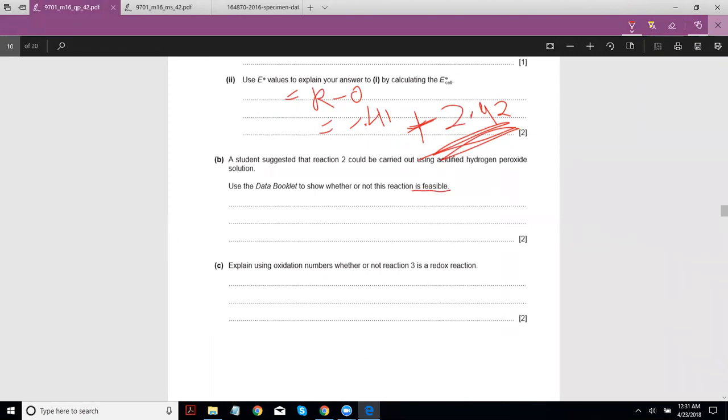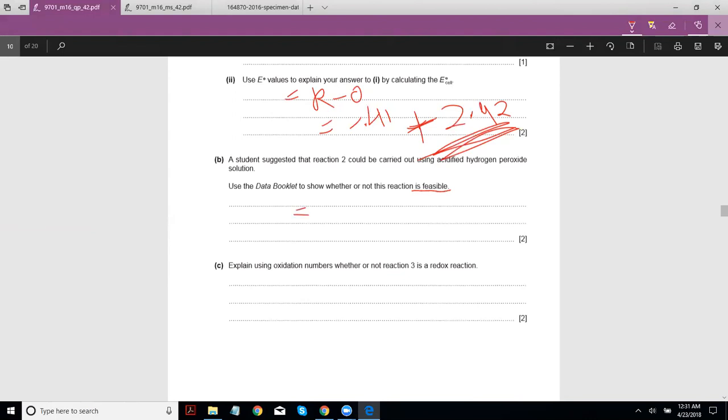If E naught is negative, then feasibility is not shown. अगर उसकी value ज़्यादा है, if it is more positive than what your chromium is, तो उल्टा वो reduce हो जाए, so it's not feasible.